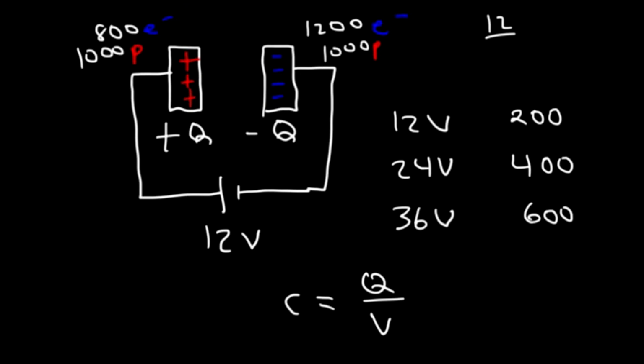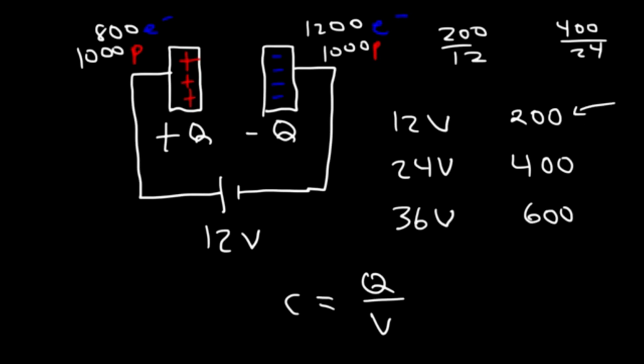It's supposed to be charge over voltage. So if you divide 200 by 12, it's going to be equal to 400 over 24. And that ratio between the amount of charge that can be stored at a given voltage, that's equal to the capacitance of the capacitor. Just keep in mind though, this is not in coulombs.